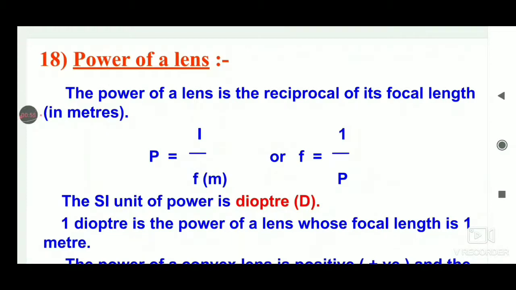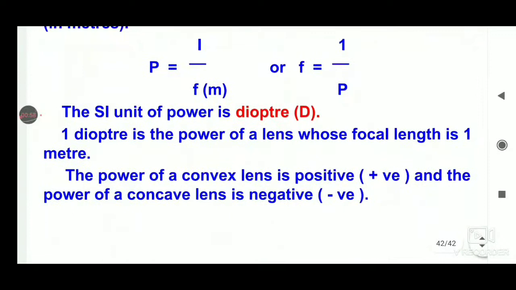The SI unit of power of a lens is diopter. It is denoted by the letter D. If focal length is expressed in meters, then power is expressed in diopters.